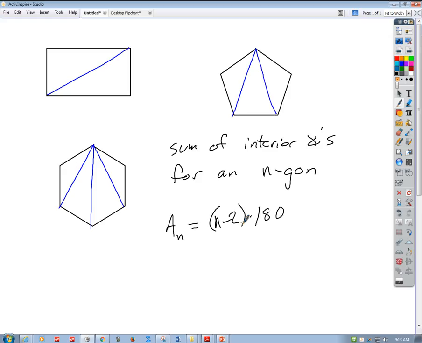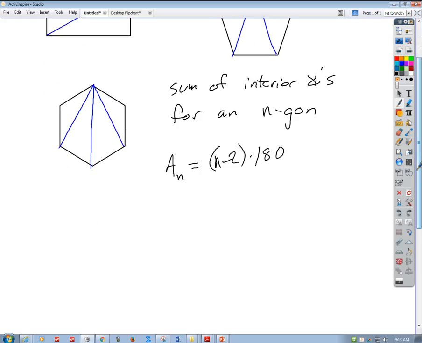Okay, so if we wanted to add up the sum of the interior angles for a 17-gon, whatever you'd call that, it's just going to equal what times 180? Yeah, so n is 17, so what's that going to be? 17 minus 2, I bet you know that. 15 times 180, right? Get the idea?